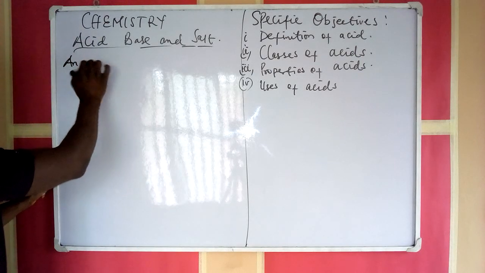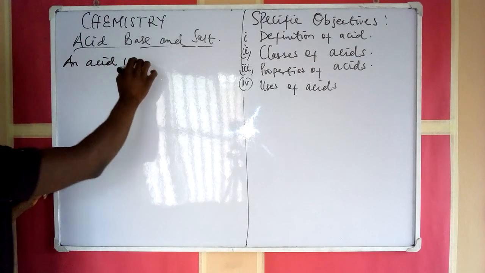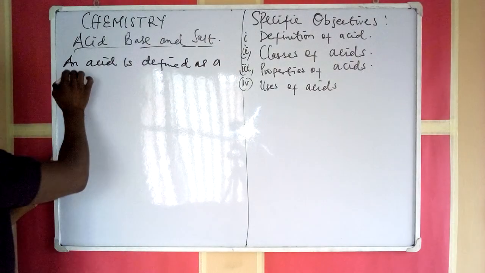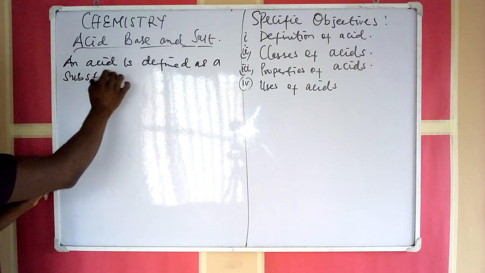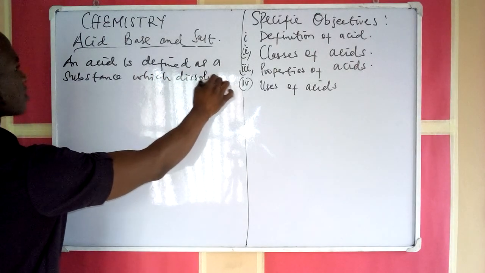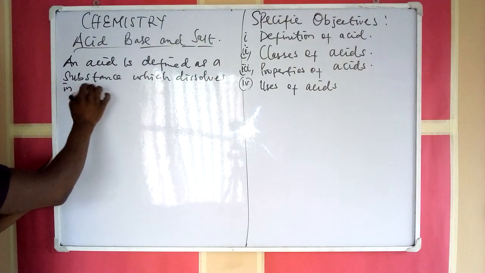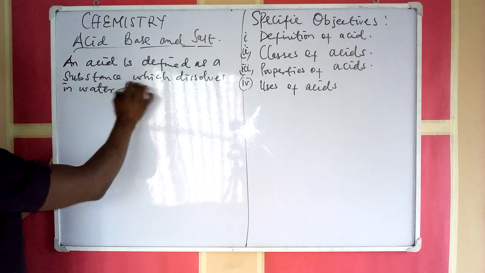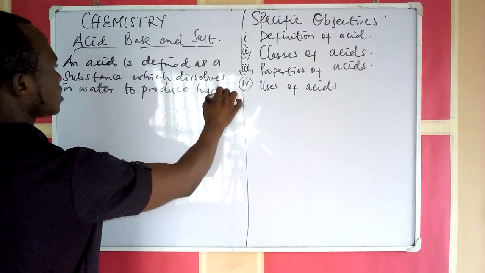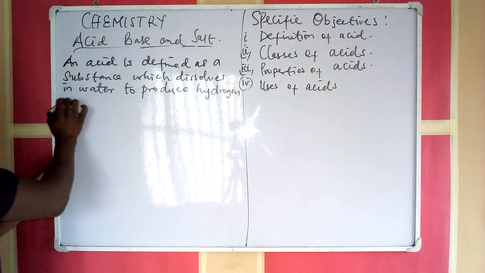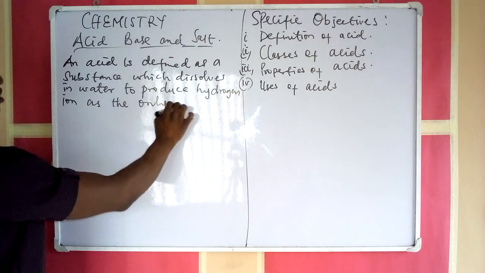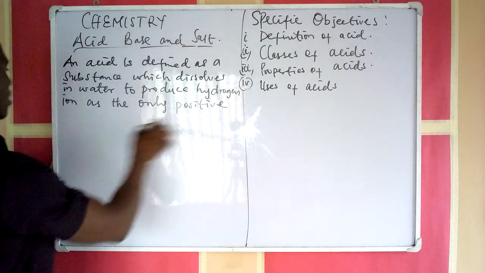An acid is defined as a substance which dissolves in water to produce hydrogen ion as the only positive ion.